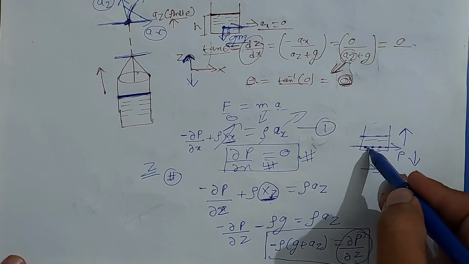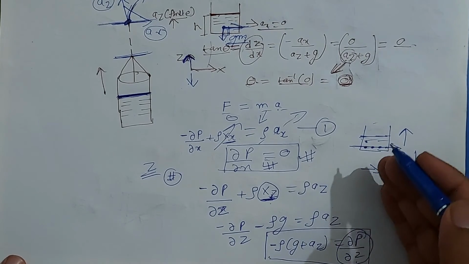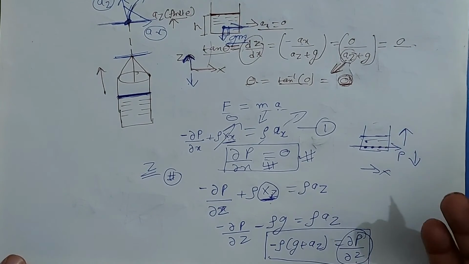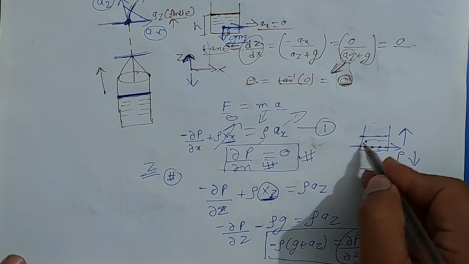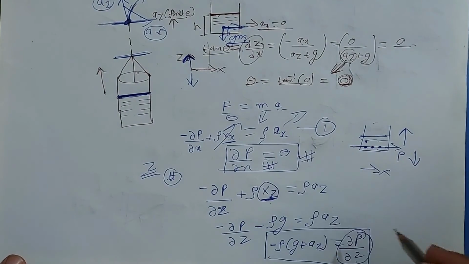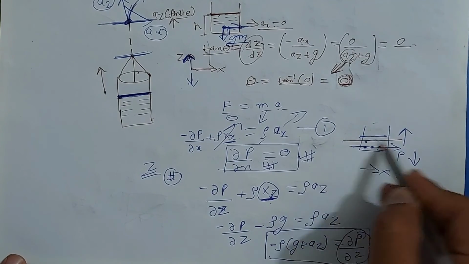That is, if we move up or down, or if we change our height vertically, then the pressure change will be there. So in conclusion we can say that for a fixed height we will have a fixed pressure in the same horizontal.